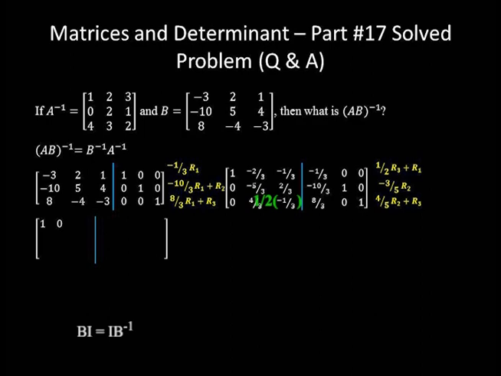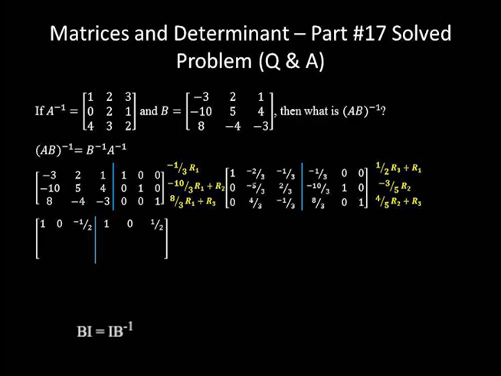Negative 1 over 6 plus negative 1 over 3 gives us negative 1 over 2. 1 over 2 times 8 over 3 gives us 4 over 3. 4 over 3 plus negative 1 over 3 equal to 3 over 3, which gives us 1. 1 over 2 times 0 equal to 0. 0 plus 0 gives us 0. 1 over 2 times 1 gives us 1 over 2. 1 over 2 plus 0 equal to 1 over 2.